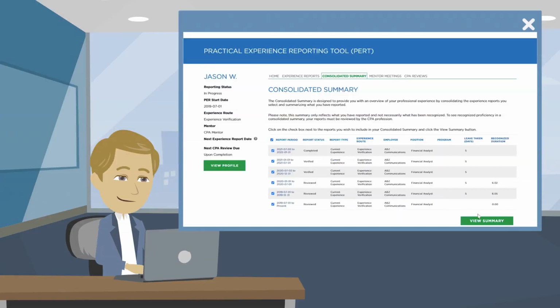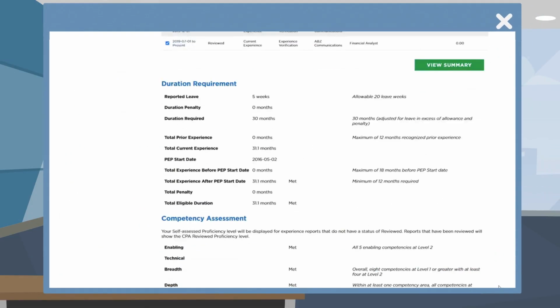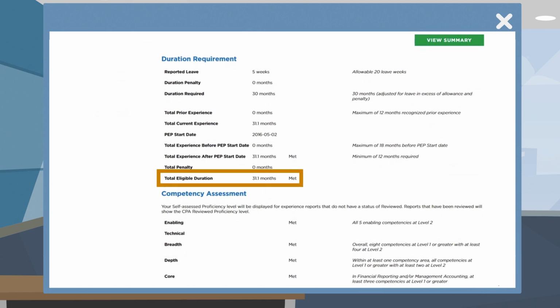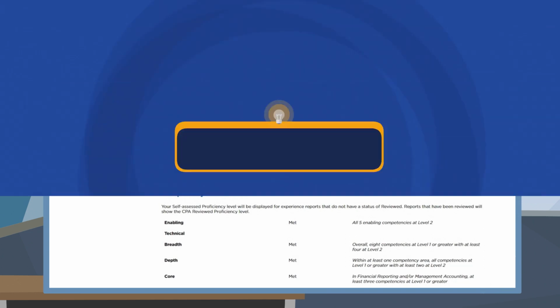Upon reviewing the consolidated summary, he learns that he has met the minimum 30 months of required duration, including a minimum of 12 months after his PEP start date.